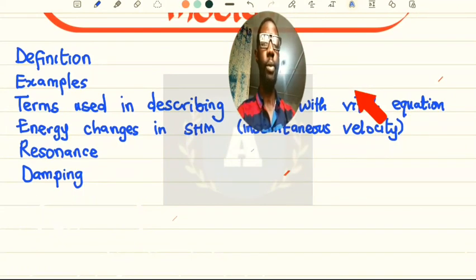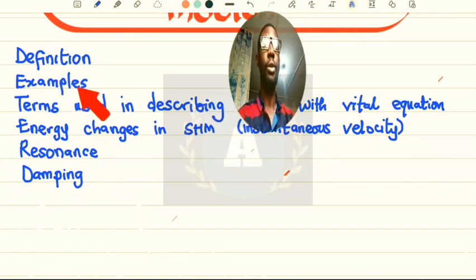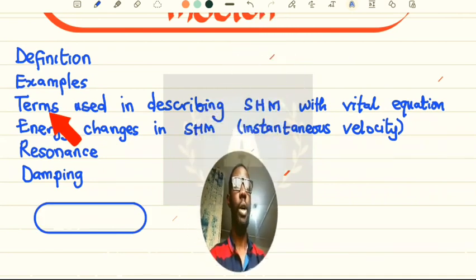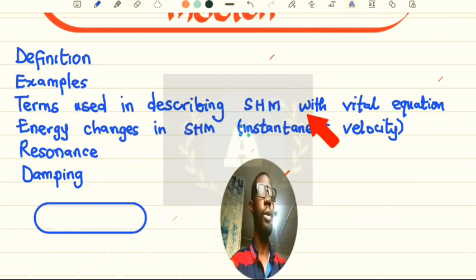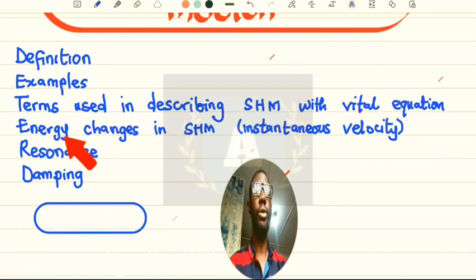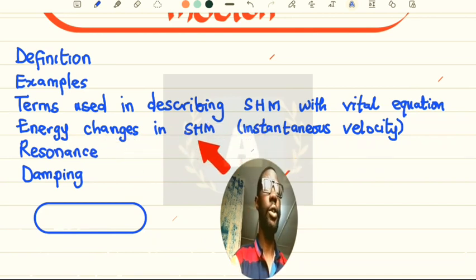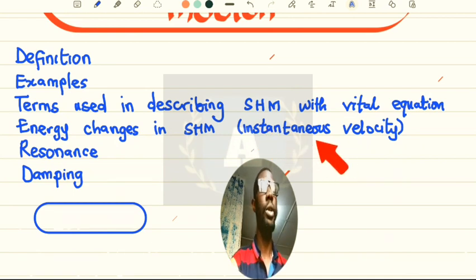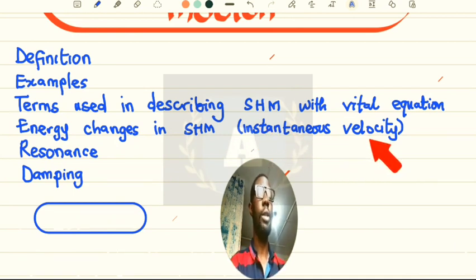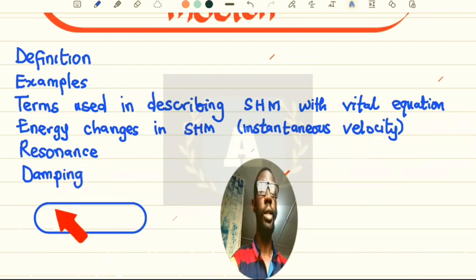So I repeat, we give the definition, explain examples, and describe the terms used in describing simple harmonic motion, together with the vital equations, formulas. Then also we explain energy change in simple harmonic motion. When I say SHM, it means simple harmonic motion. Then also we explain instantaneous velocity, then resonance, then damping.